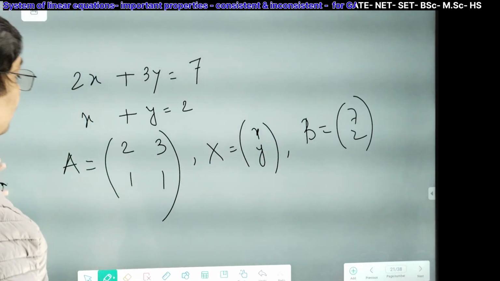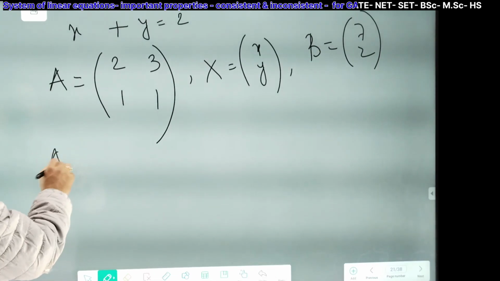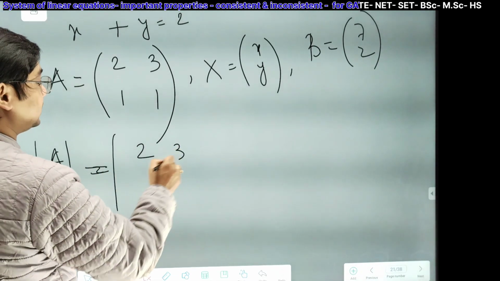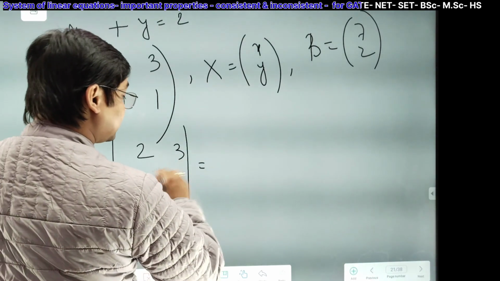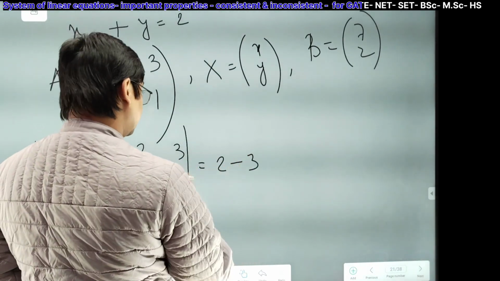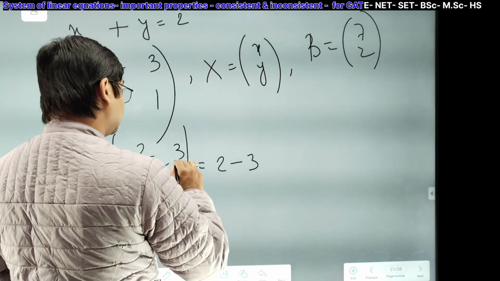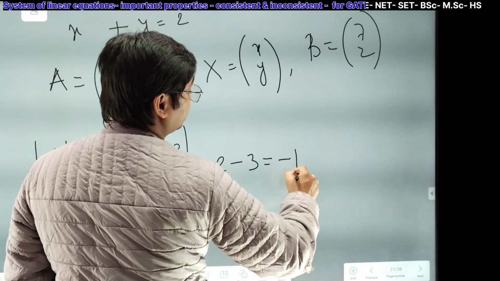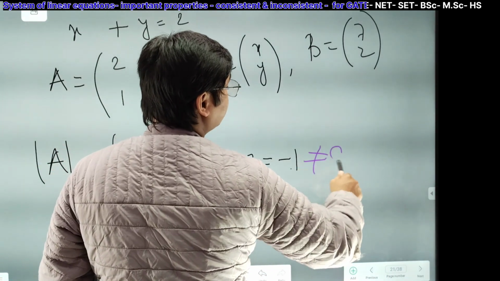Now you see what is the value of this determinant. The determinant of 2 3, 1 1: you take the multiplication of 2 into 1, which is 2, minus 3 into 1, which is 3, so this will be -1, and this is not equal to 0.